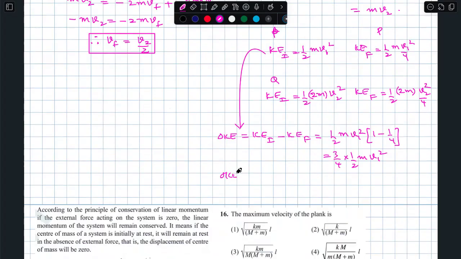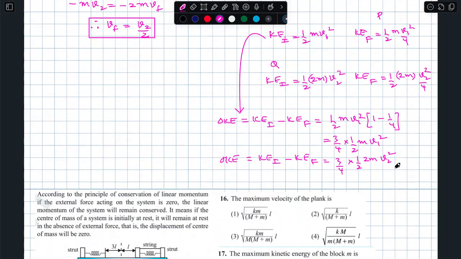Delta KE is KE initial minus KE final. This will also be 3/4 times half 2m V2 square. Any doubts?